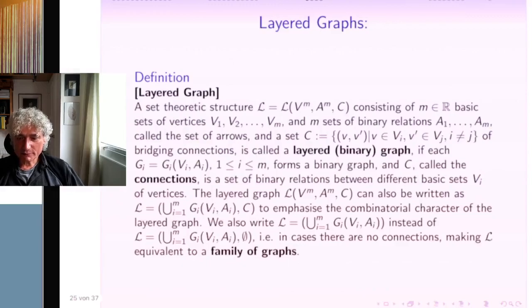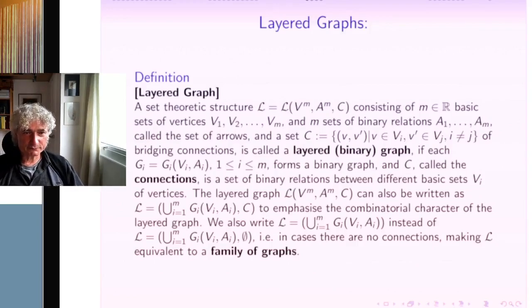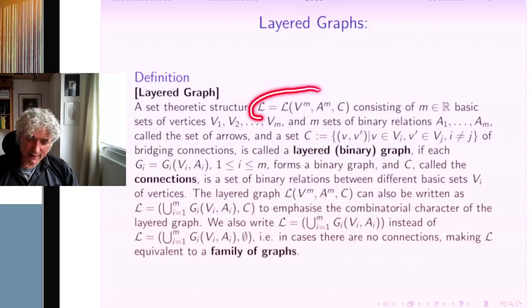Now let's go further. So now we go to combinatorial relational models. This is interesting for our discussion, because many of you might not see the necessity for the hierarchical hypergraph. It's good to contrast that with so-called layered graphs. A layered graph, in my definition, is a graph which consists of m different graphs. I discuss here the directed case.